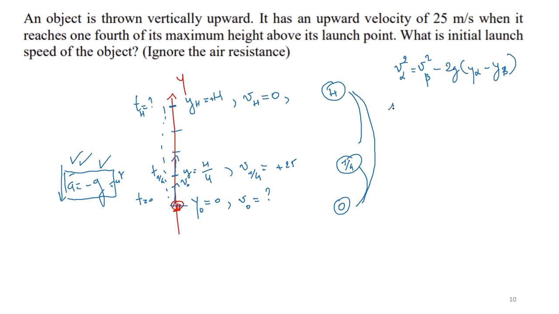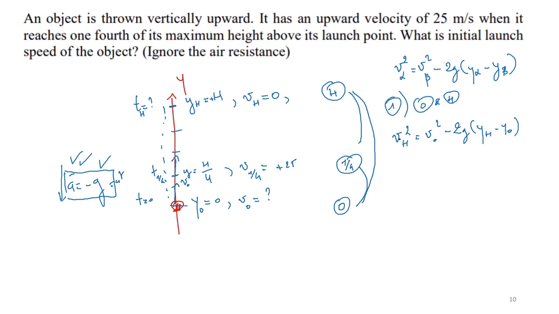Now first, let me use it between 0 and H. So I will say VH square is equal to V naught square minus 2G (YH minus Y naught).